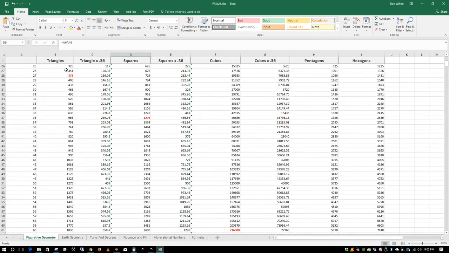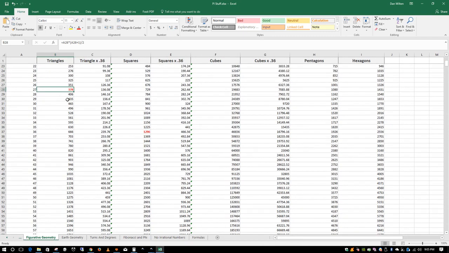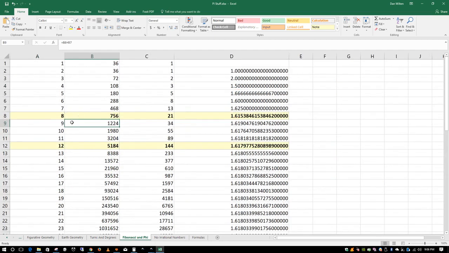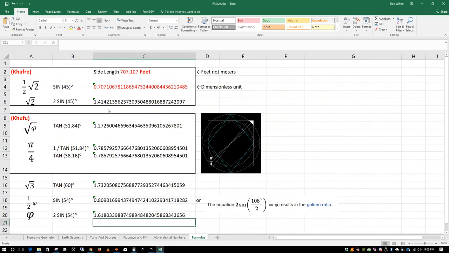I'm taking a look at all of the triangles that are associated with certain numbers, and I'm finding certain numbers that we are continually finding over and over, like 21, 36, 66, 378, and then of course if you multiply that times 0.36, because if you remember I was showing you the Fibonacci and phi associated with these types of things.